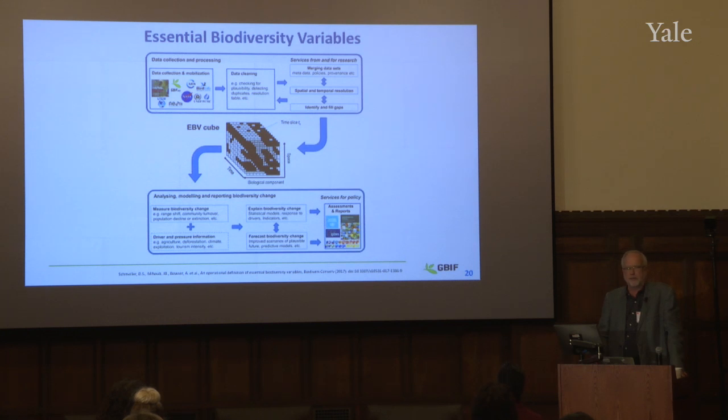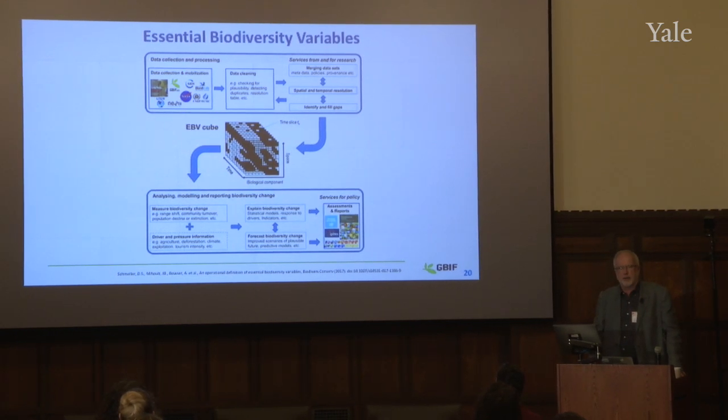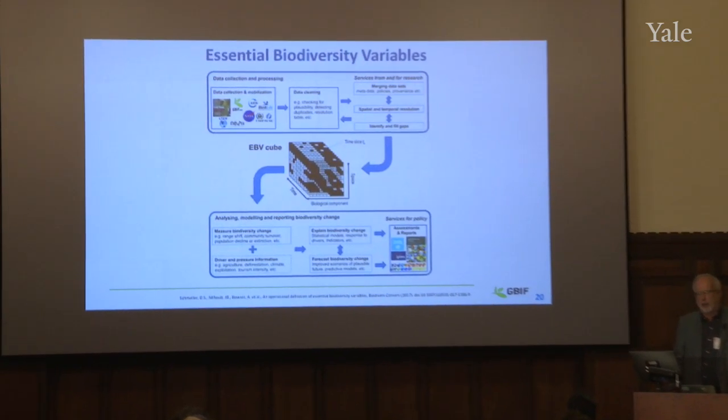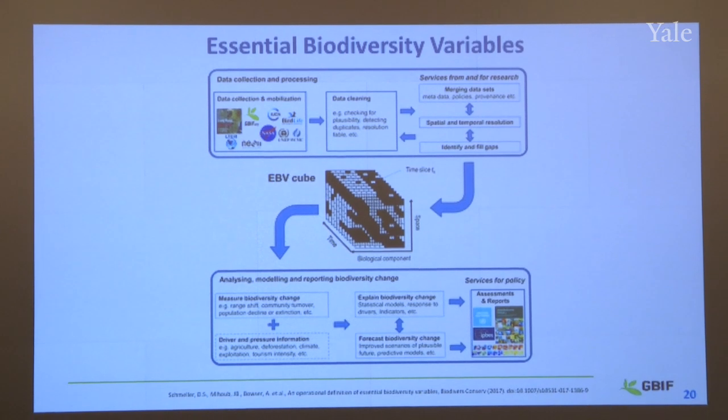essential biodiversity variables. And the approach here, and hopefully you can see it better than I can from this angle, is essentially to collect and process some of the raw biodiversity and specimen data and then package it in a standardized format.